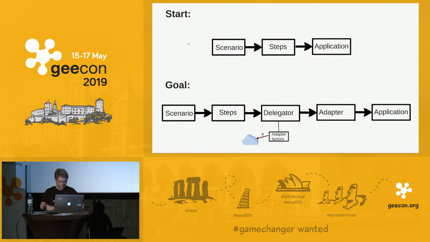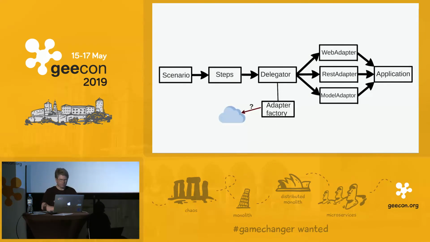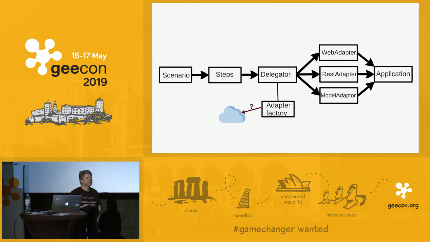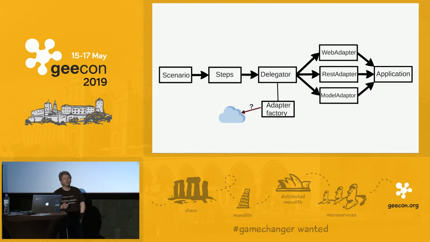So what I just did was implement something that looks like this. We have some way of delegating stuff. The delegator will ask a factory, could you give me a proper adapter? And then we have an adapter for web, REST, or model.